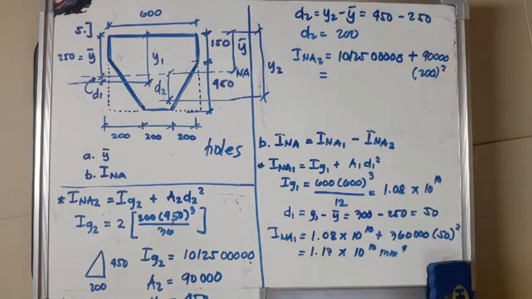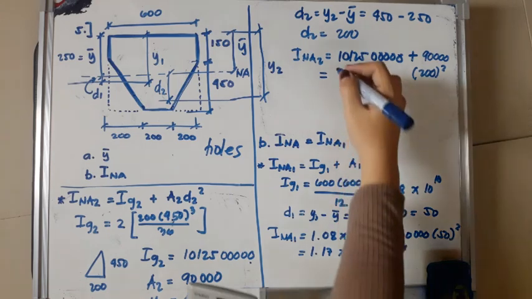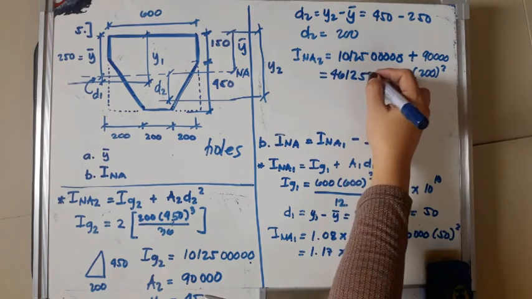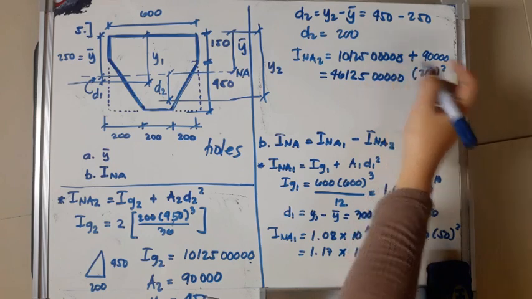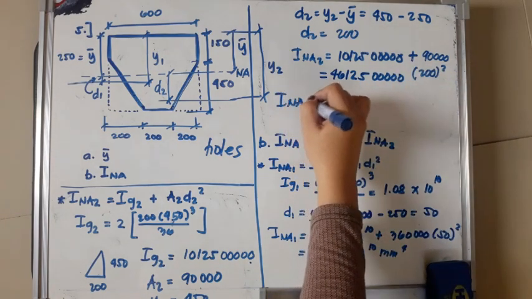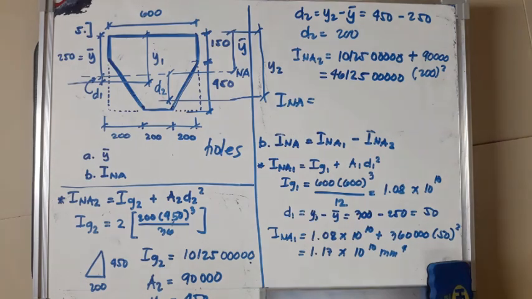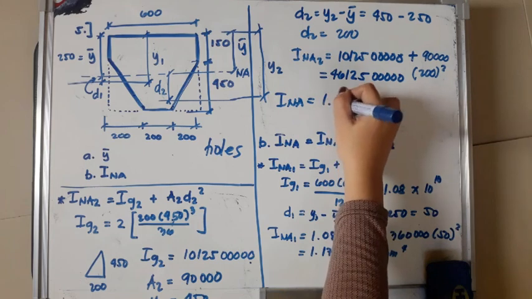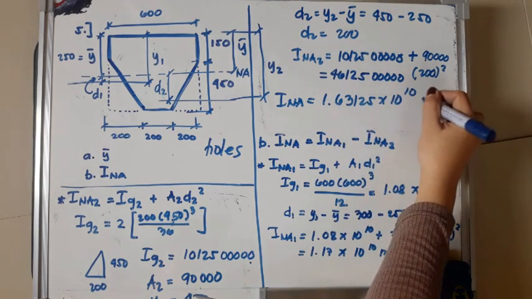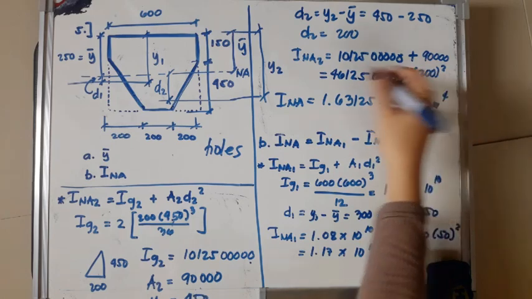So this is equal to 4612 5 1 2 3 4 5 mm4. So the final answer for letter B is I of A1 plus I of A2. So this is 1.63125 times 10 raised to 10 mm4.